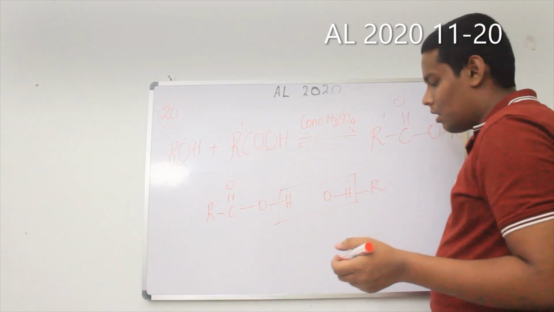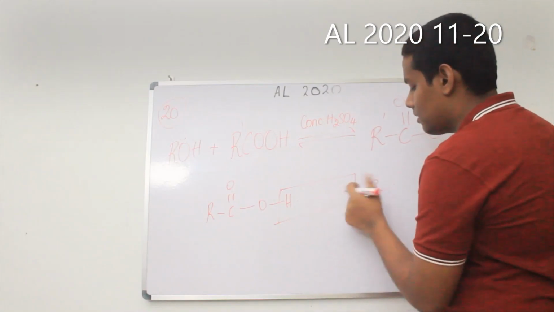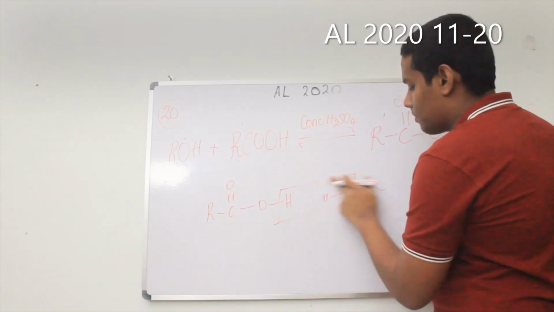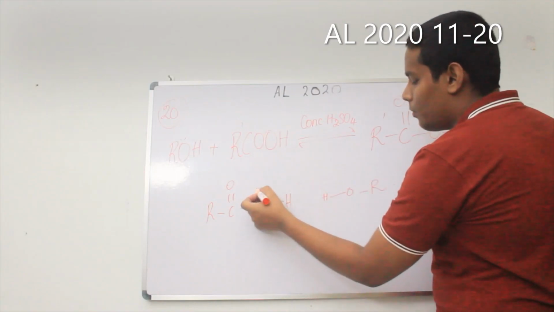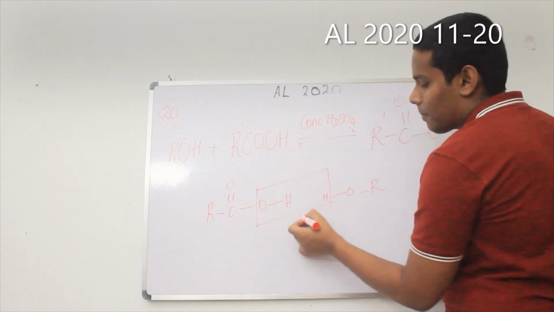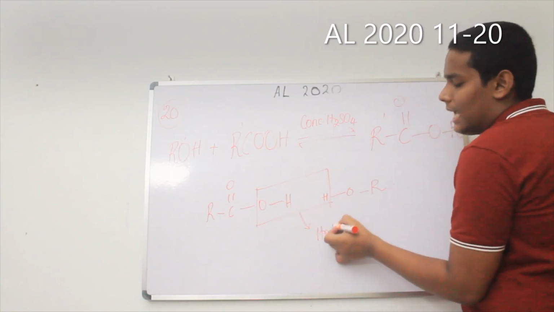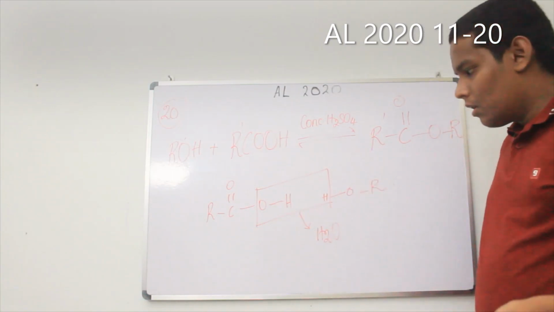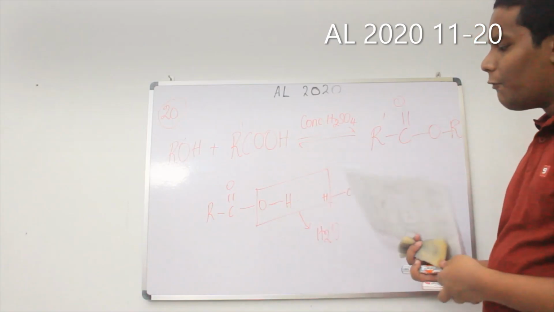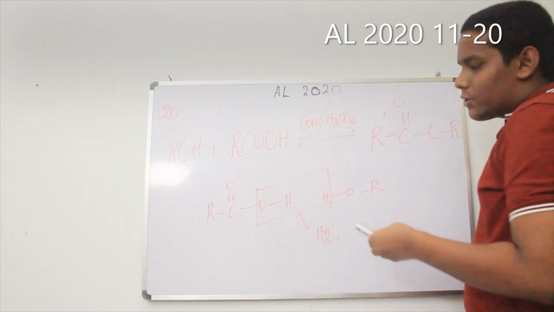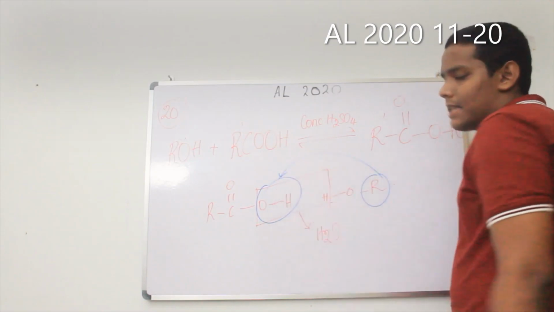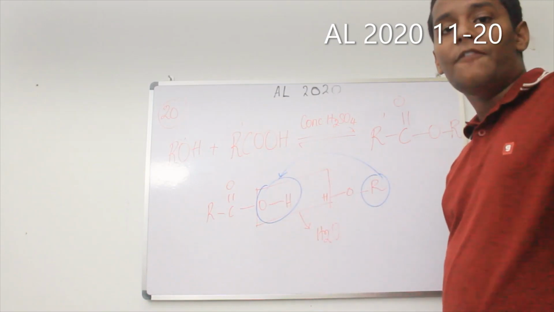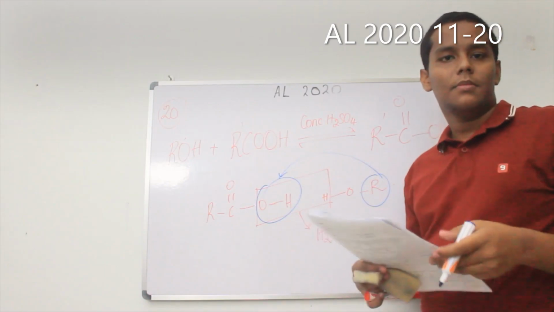Here a water molecule should be eliminated like this. Water molecule is eliminated. So here instead of the OH group on the carboxylic acid, a new R group comes and attaches. So therefore it's a type of substitution reaction.